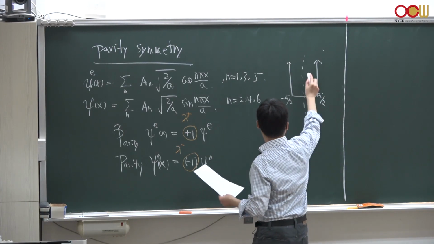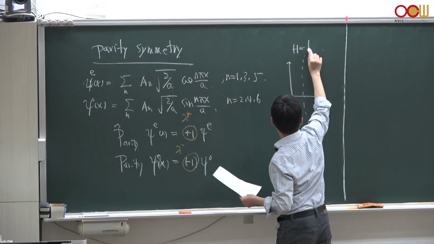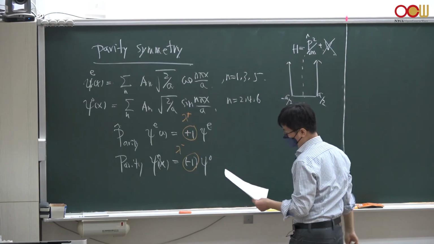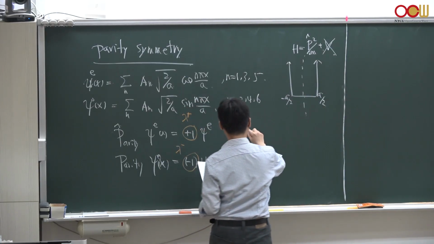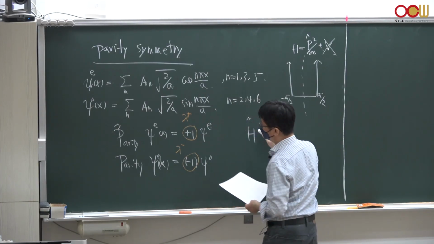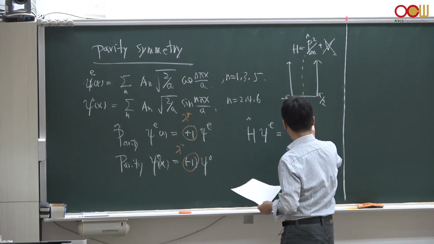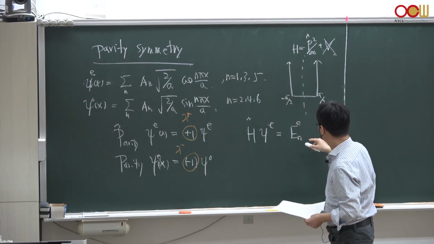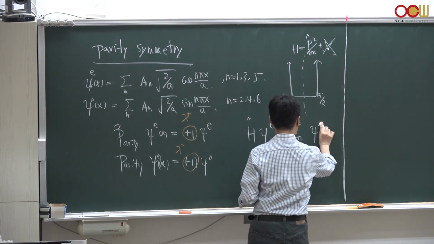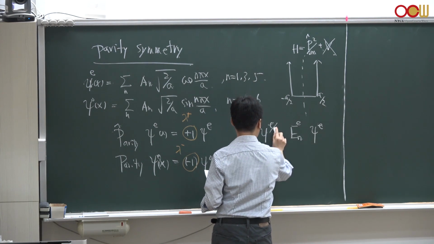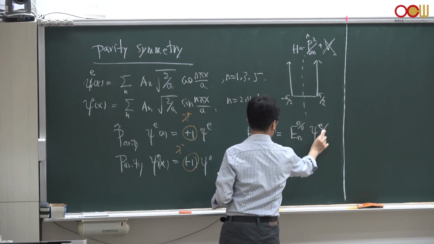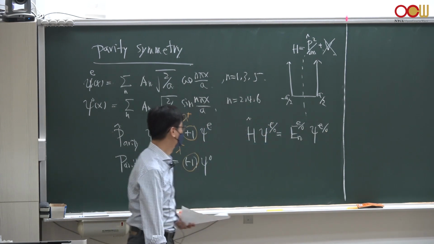So inside the box, we have simply kinetic energy. There's no potential energy. Of course, the Hamiltonian operator acting on psi even gives you an eigenenergy E even times psi even, and likewise for odd.